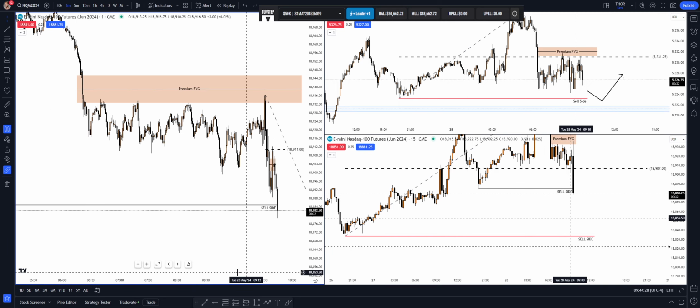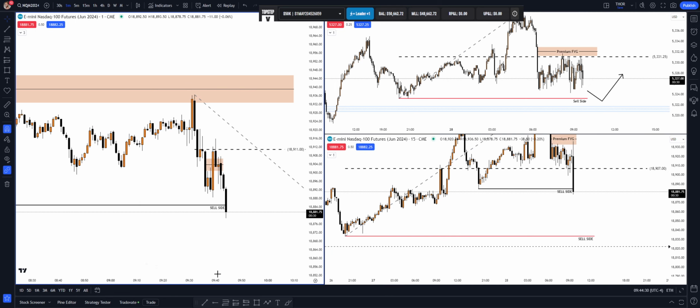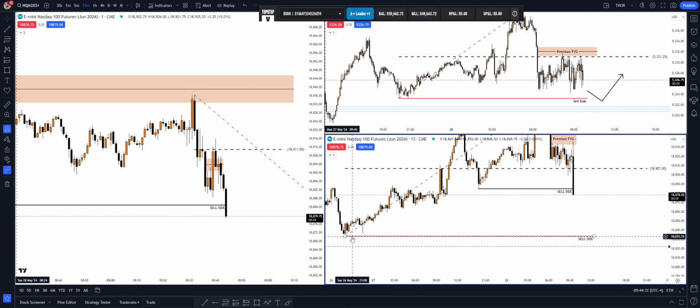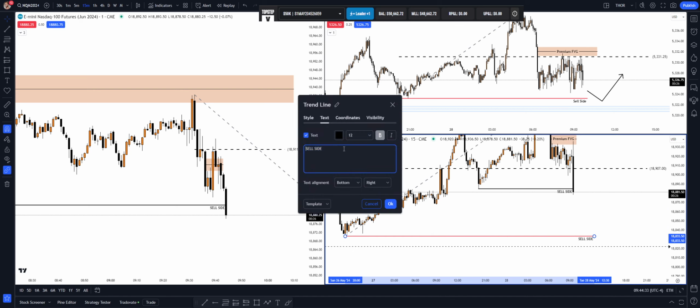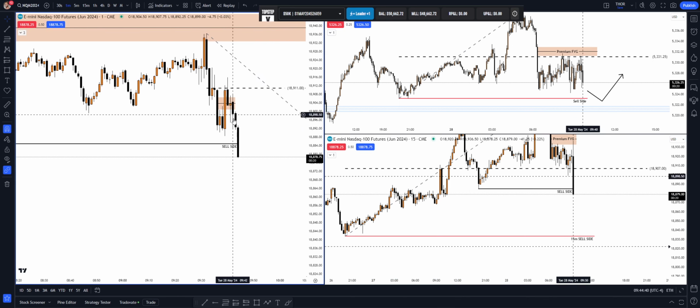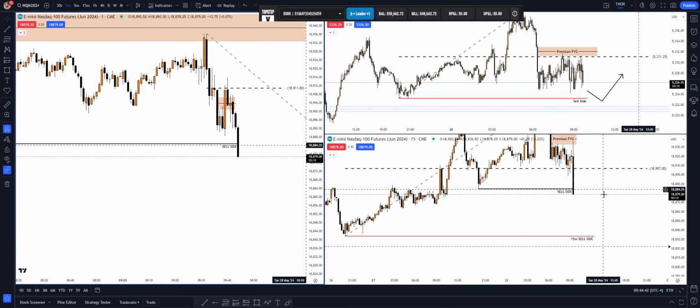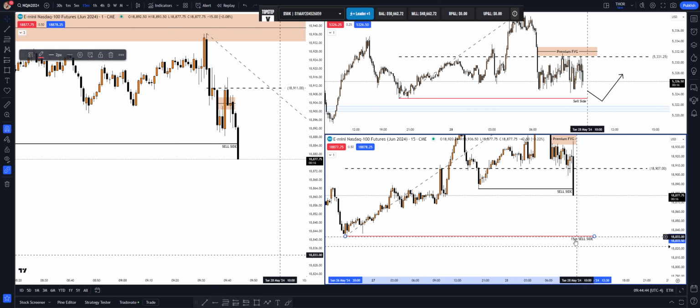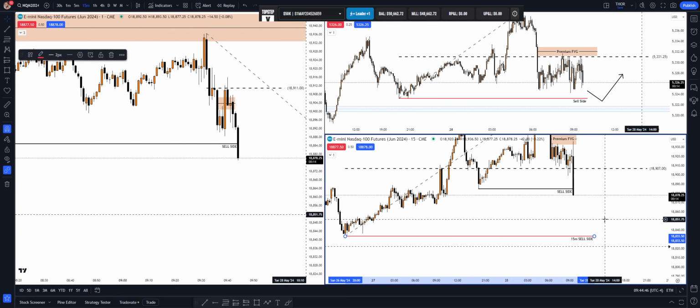That means Nasdaq will go lower. We have the 15-minute sell side right here. I feel like it's going to keep up the pace because of ES, and in that case, we're looking at 833.